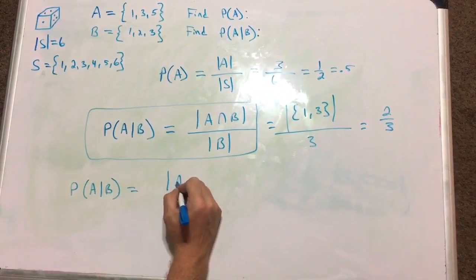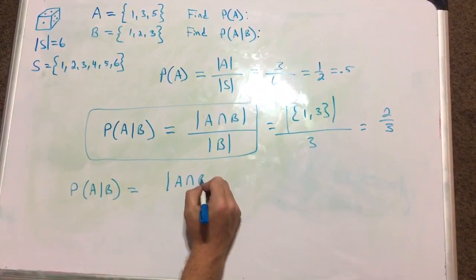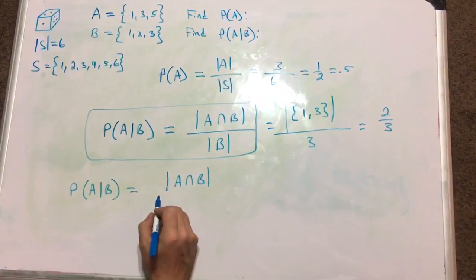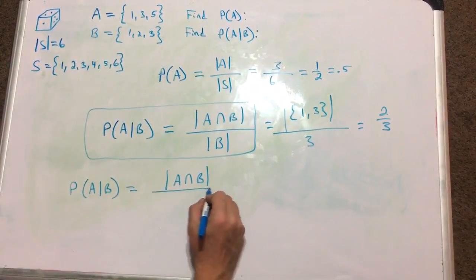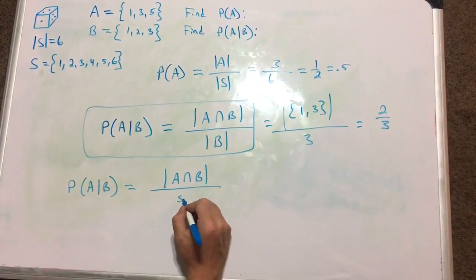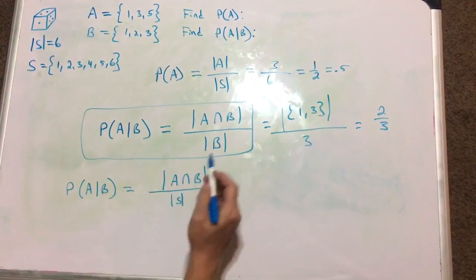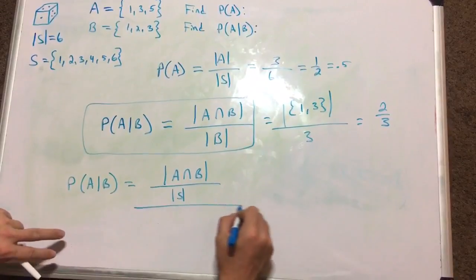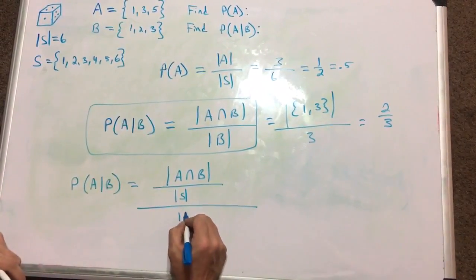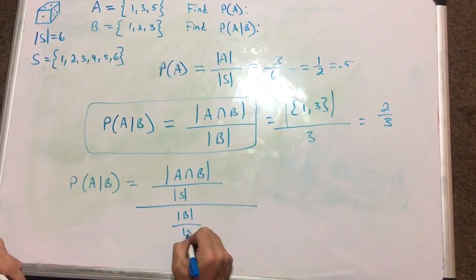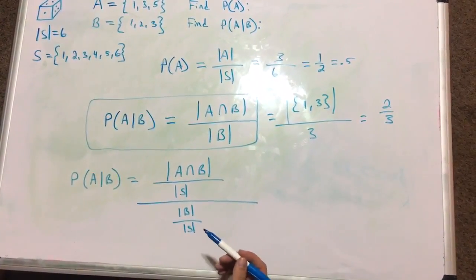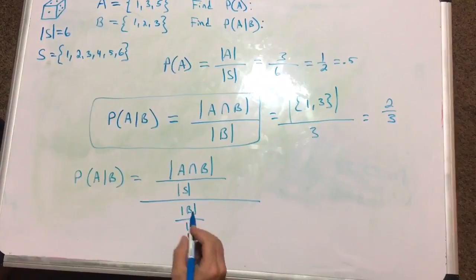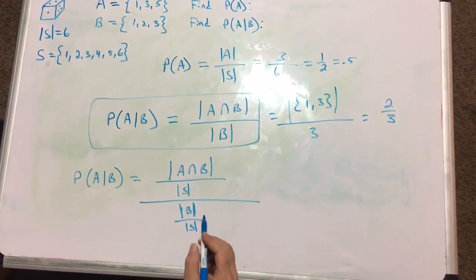A intersect B, I'm going to divide just the numerator portion of it by our sample space S, cardinality. All divided by, now let's take the denominator, B divided by S. So in other words, I just divided the top and bottom by the cardinality of the sample space S, which doesn't change the equation. I know it's hard to see.